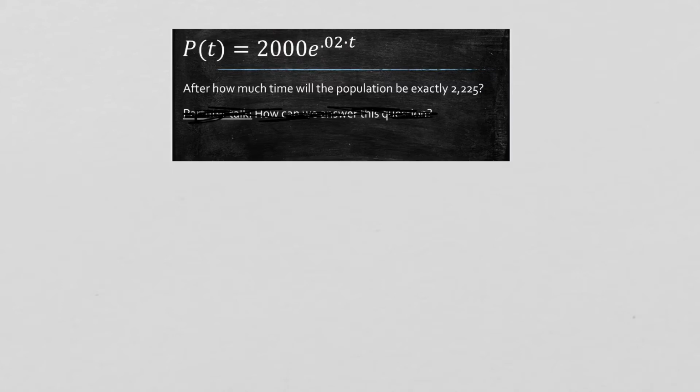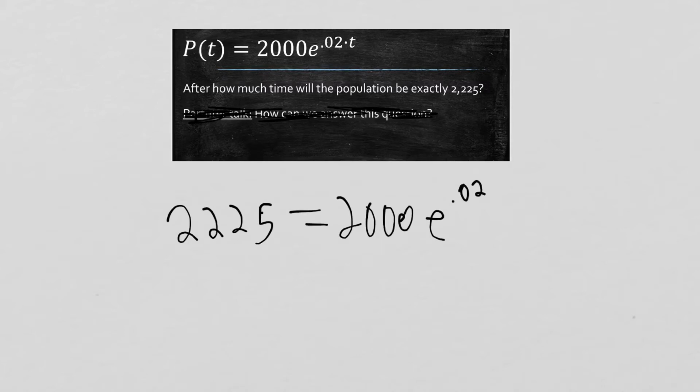So what we're going to do is set this equal to 2,225 equals 2,000 times e to the 0.02t, right? So we are trying to figure out what input goes with this output, right? This function sends inputs to outputs, so we're going to end up needing to use the inverse to figure out what input goes with this output.